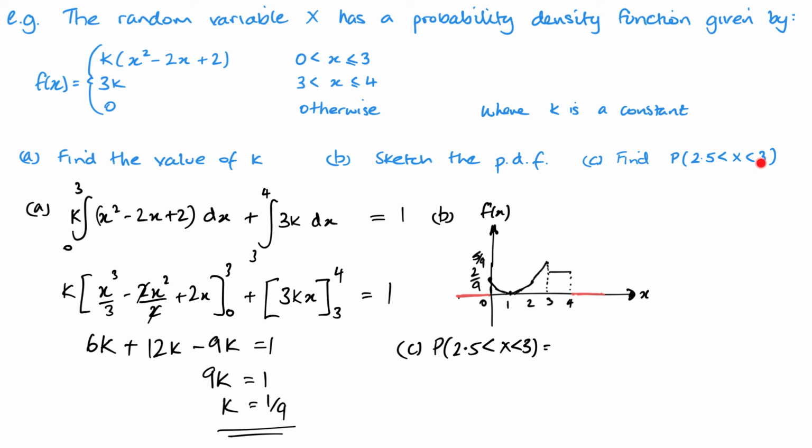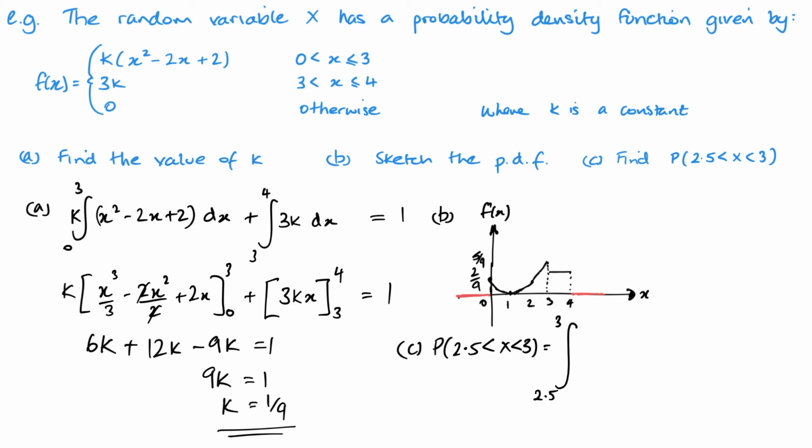Just incidentally, if this was, say, between 2.5 and 4, you know, you would have some of this and all of this, for example, in terms of its area. So you know that area straight away, and you just have to work out some of this area. Okay, but we're just looking at between 2.5 and 3, so the easiest way is to integrate.